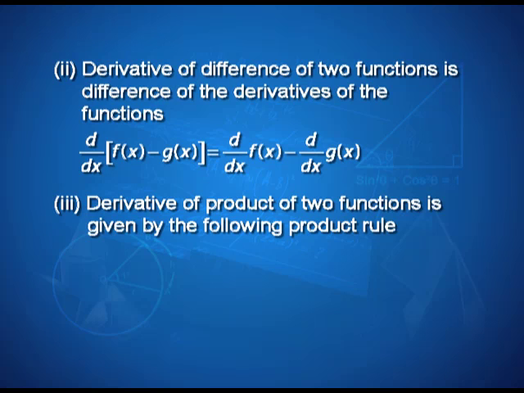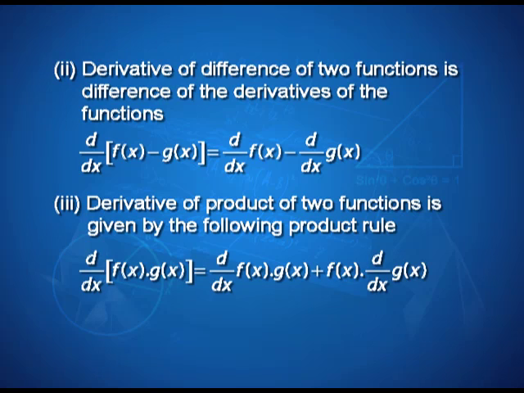Similarly, derivative of product of two functions is given by the following product rule: dy/dx of f(x) into g(x) is equal to dy/dx of f(x) into g(x) plus f(x) into dy/dx of g(x). Similarly, we have the fourth one here.